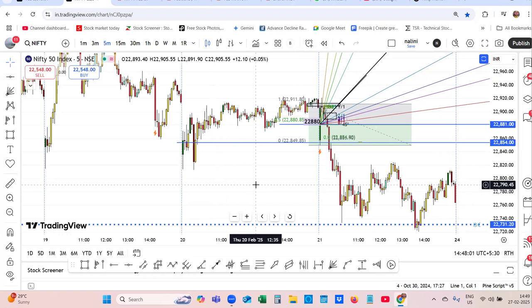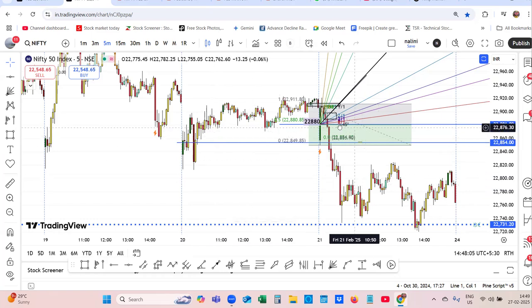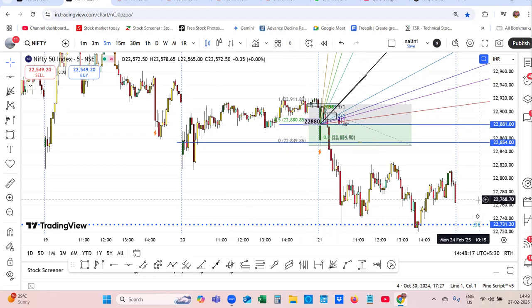Simple thing: you should identify the trend with the help of the Gann fan and the angle, and I'm getting the targets with the help of the square root plus Fib combination, and I'm booking the profits. So when I entered this trade, this is an example.